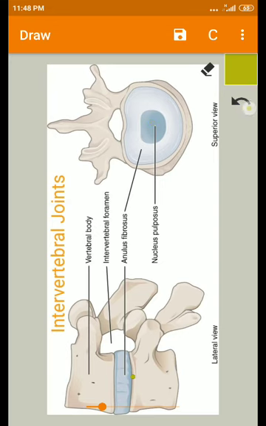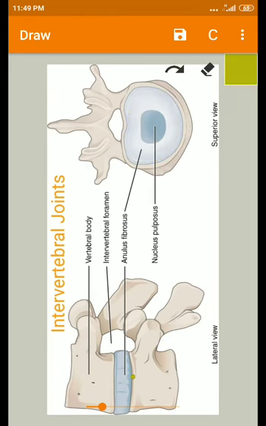Now coming to the annulus fibrosus, this forms the peripheral part of the disc, and it is made up of an outer zone of collagenous fibers, which is a narrow zone, the outer layer, and a wider inner zone.